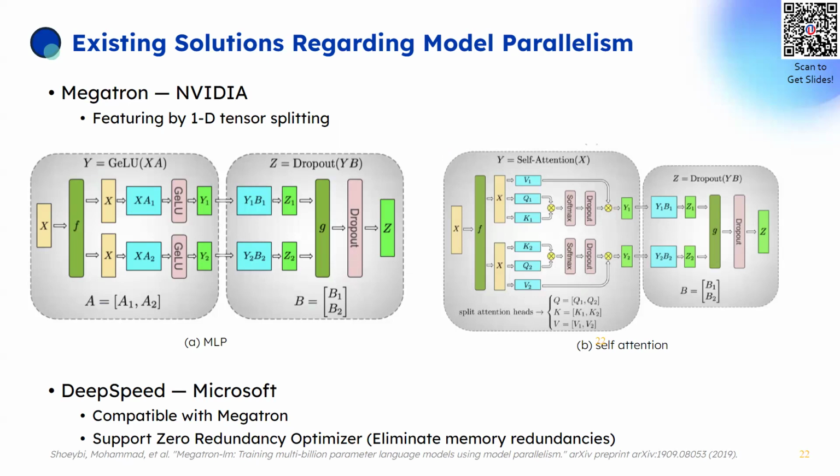The idea here is just to partition the computation within each layer. Within each layer, it's just matrix multiplication, or class matrix multiplication.